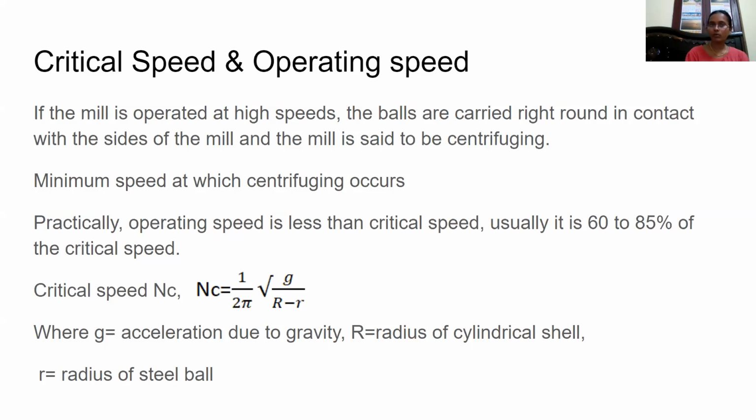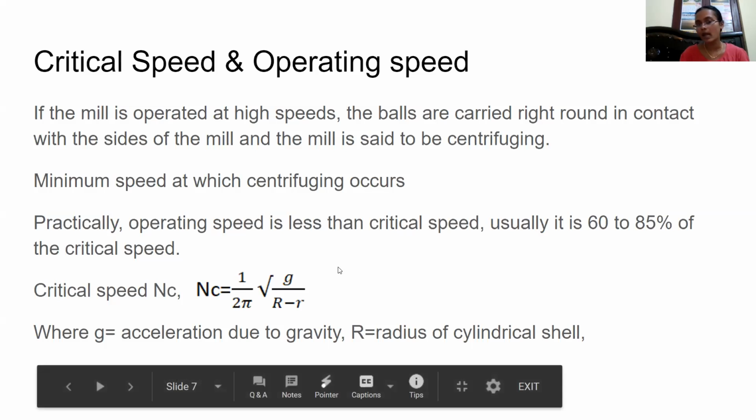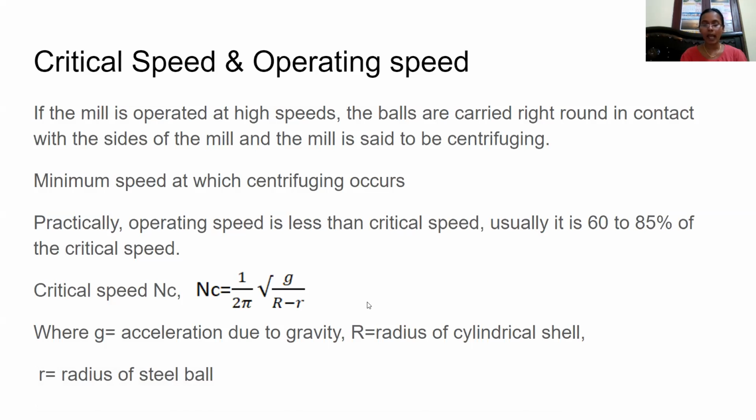If the ball mill is operated at the critical speed, then the materials will not be ground. The critical speed formula is given by Nc equals 1 by 2 pi root g by (R minus r), where g is acceleration due to gravity, R is the radius of the cylindrical shell, and r is the radius of the steel ball.